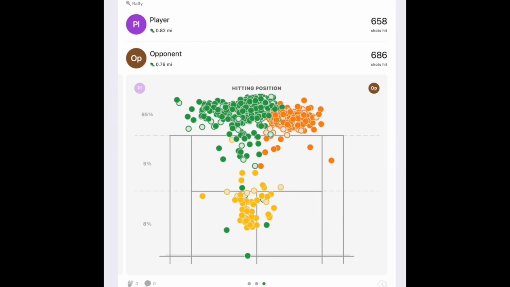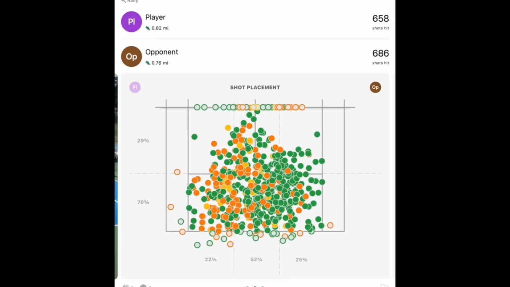Off of my forehand, I want to try to pull him out wide to his forehand so I can then attack the backhand. Or, of course, one of the patterns I loved when I played, using my slice to about this area here, because not only does it go to his not preferred side, he also now has to move up.